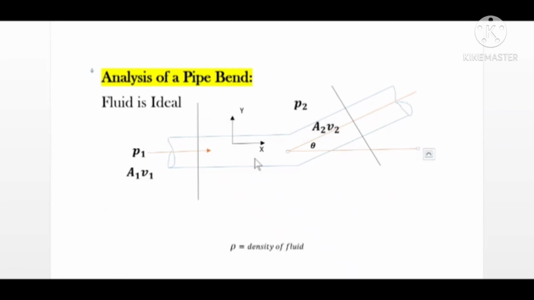Why have I considered two different parameters for the pressure, area and velocity?